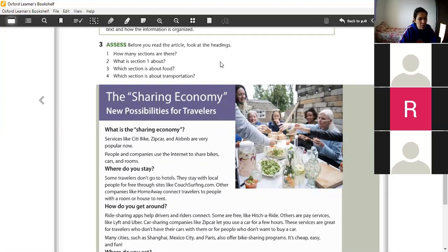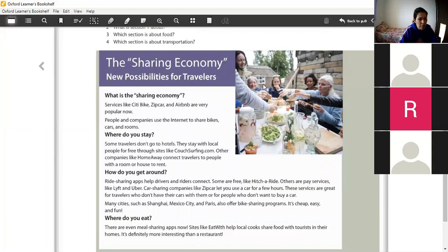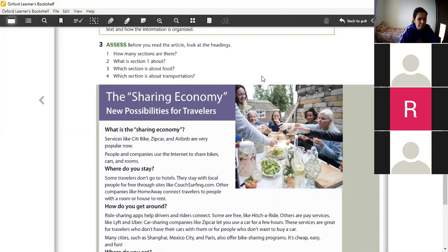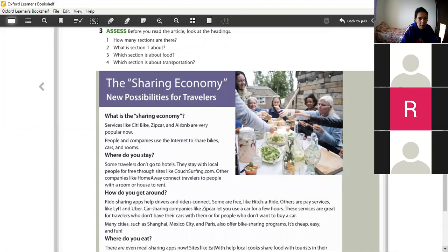So, how many sections are there? Four. What is section 1 about? About the sharing economy.